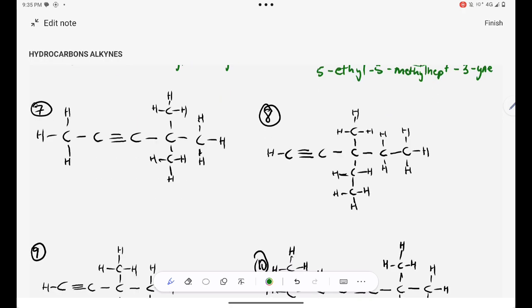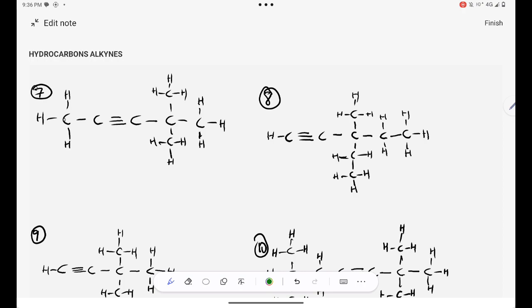Okay, and then number 7, I must always start counting from the terminal which is closer to the triple bond. This will be carbon number 1, 2, 3, 4, and 5. I do have the substituents or the side chains or the additions at carbon number 4.